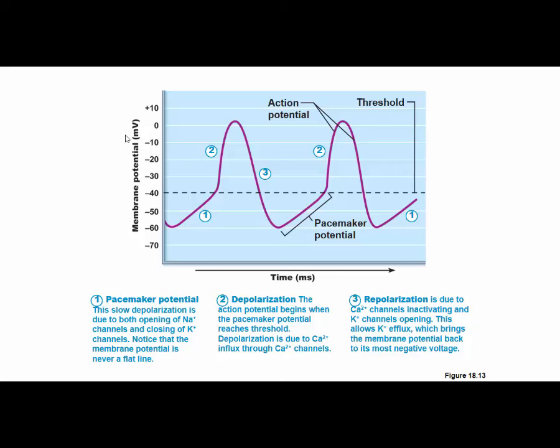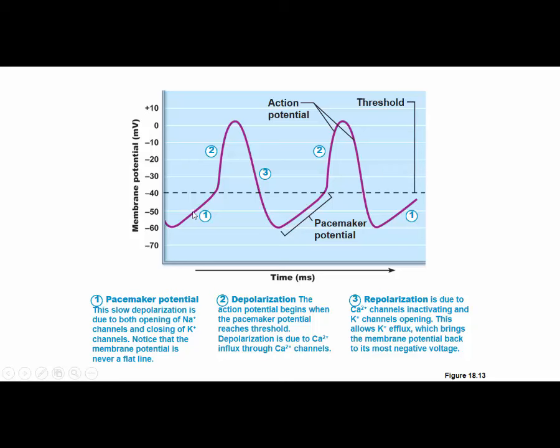So if we look at this type of action potential, we call it the pacemaker potential because it happens automatically. It does not need an outside stimulus. So what we have are slow sodium channels that open up all by themselves, as long as the membrane potential is down between -55 and -60.